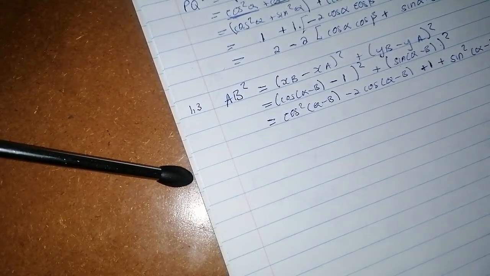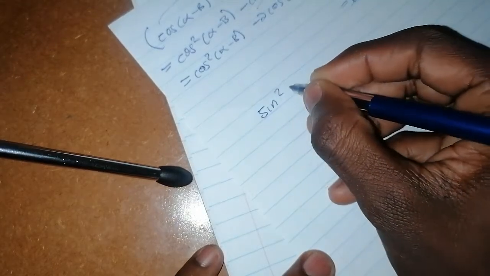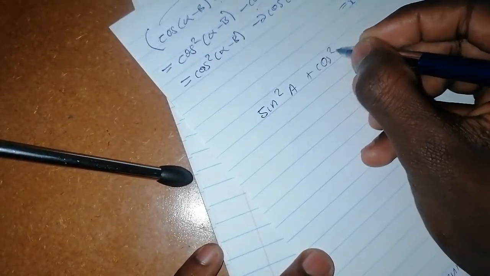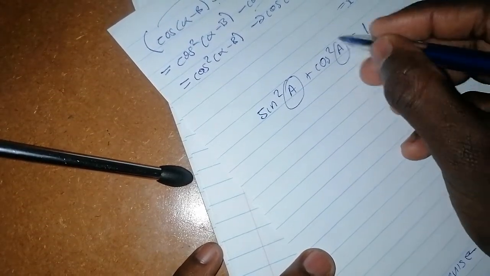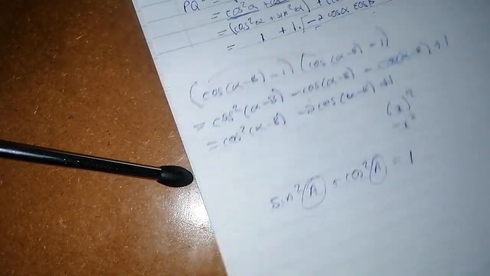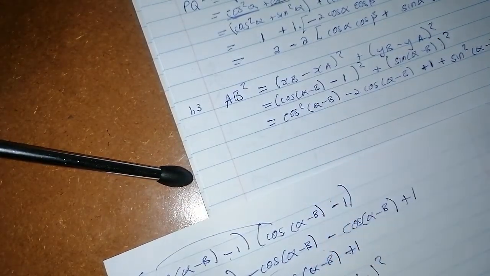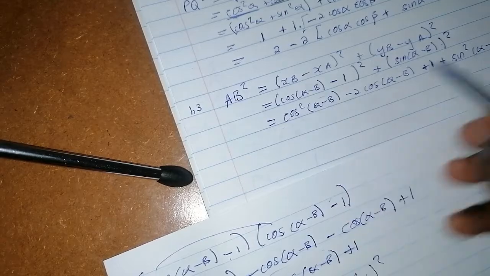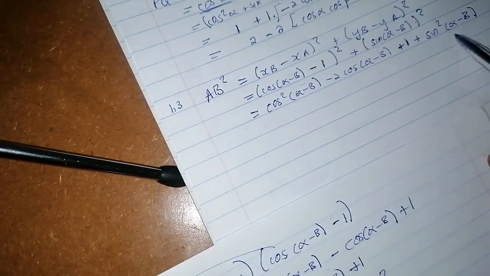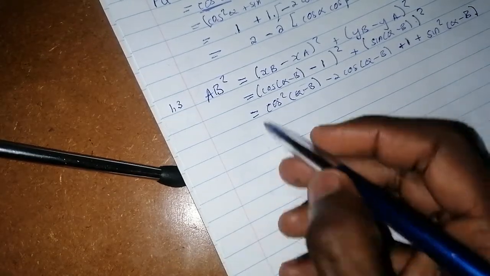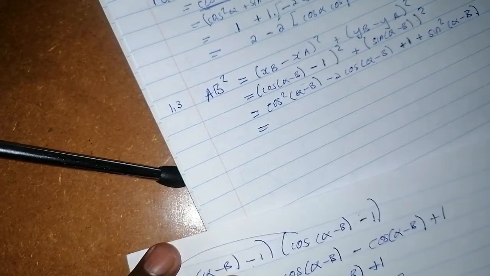So guys, I want you to remember, do you remember that sine squared a plus cos squared a is equal to 1? So let's check the angle. If you add this one and this one, you get 1, right?